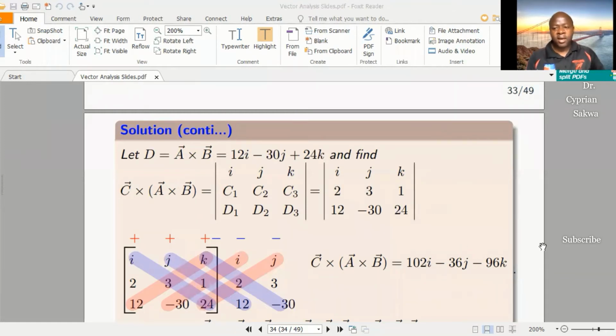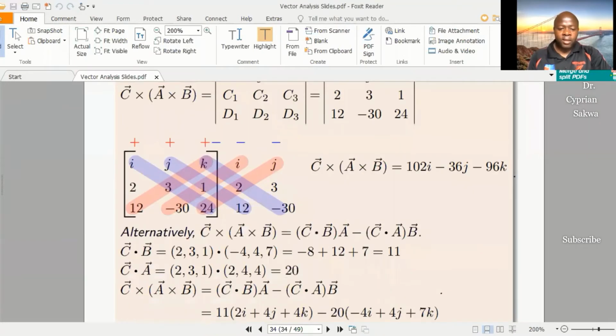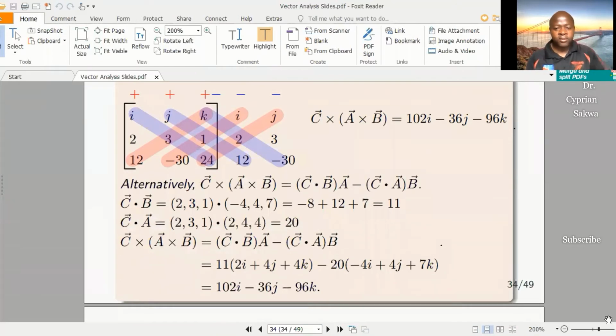But I say there are other ways. So I want to look at the other way of doing that. And that's what I've written here as alternative method. So I've said alternatively, if I'm given C cross A cross B, then this can be given by, and look at what I've done.